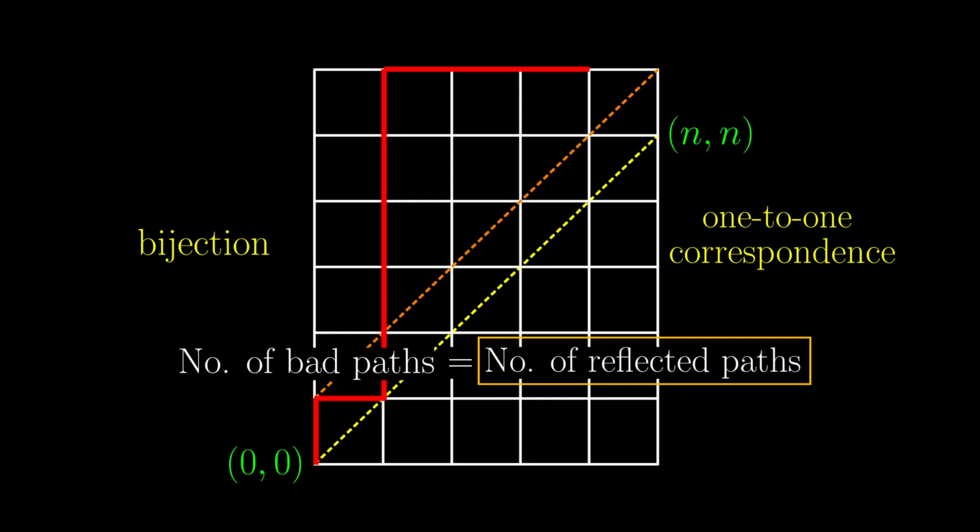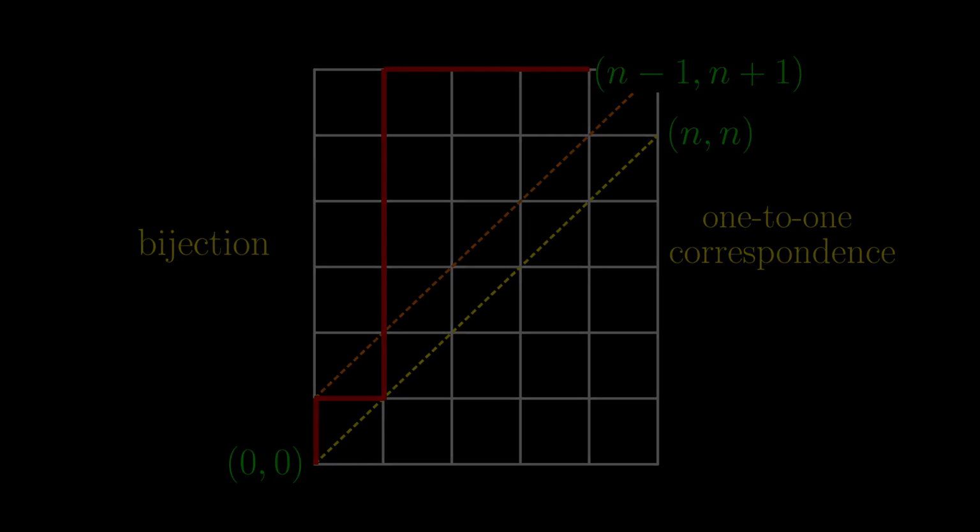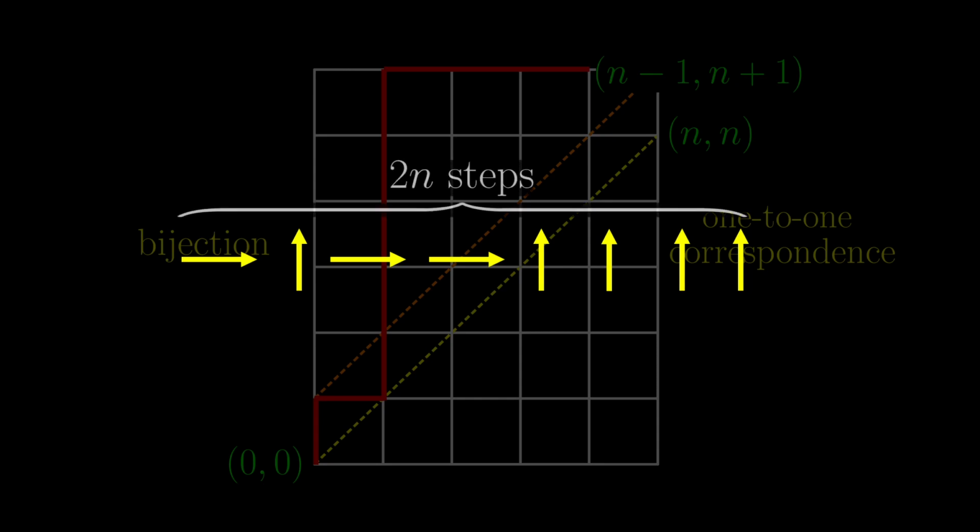Now, since the endpoint of the original path is at (n, n), the endpoint of the reflected path should be at (n-1, n+1). If we again take a more systematic look at the whole situation, where we view a path as a sequence of ups and rights, then we again have 2n steps, because what we have done is reflection and the number of steps should not change.